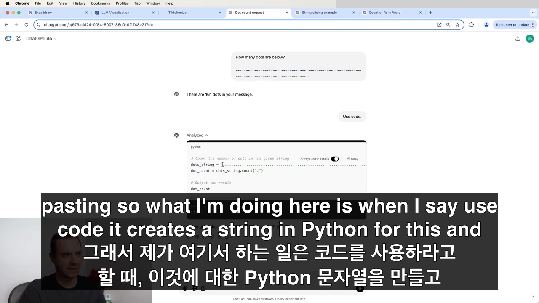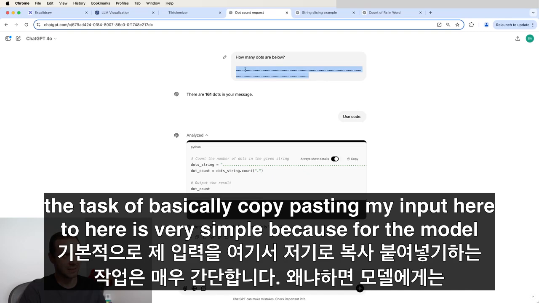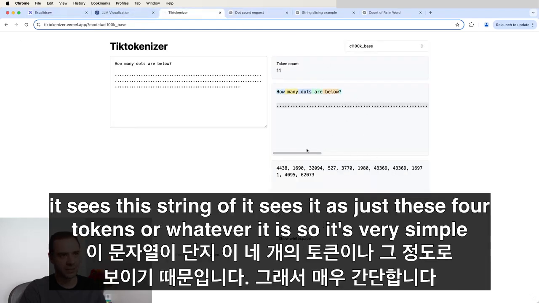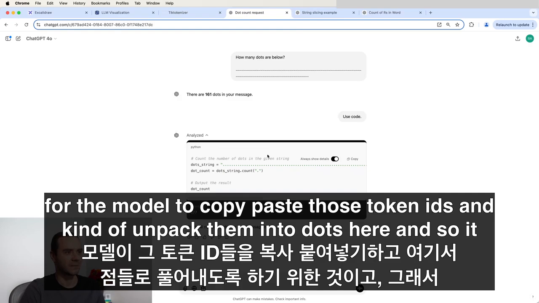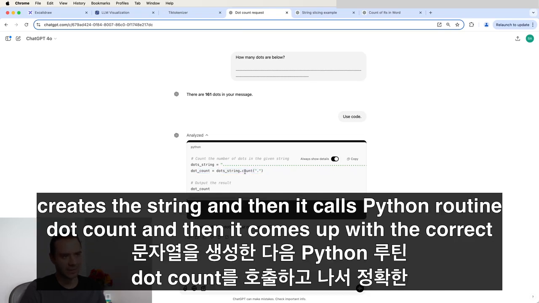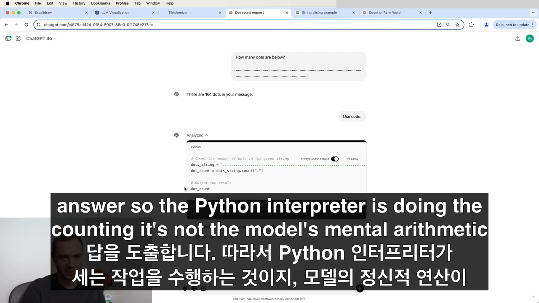The task of copy pasting my input here to here is very simple, because the model sees it as just these 4 tokens or whatever it is. So it's very simple for the model to copy paste those token IDs and unpack them into dots here. And so it creates this string, and then it calls Python's count routine, and then it comes up with the correct answer. So the Python interpreter is doing the counting. It's not the model's mental arithmetic doing the counting.